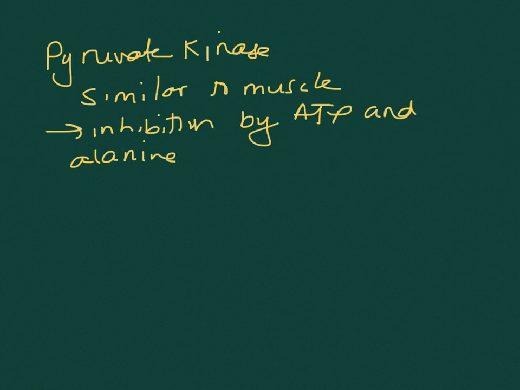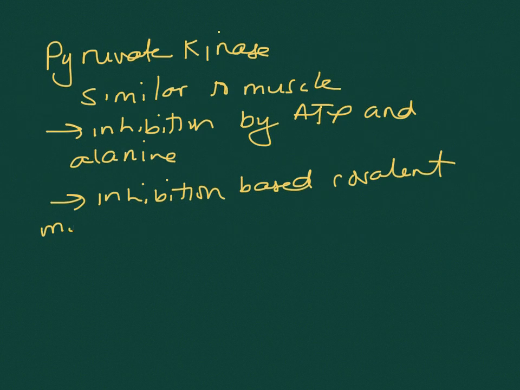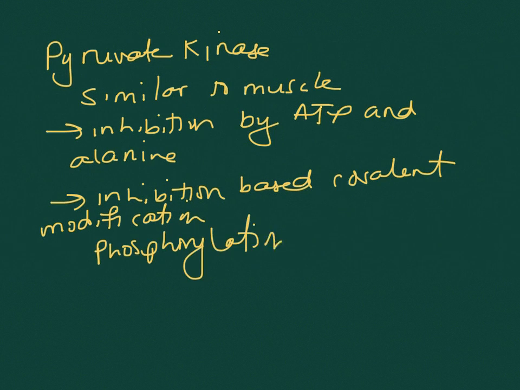What happens in the liver, though, is that we can also have inhibition based on covalent modification. Here we're looking at a phosphorylation reaction. And so in the liver, the enzyme can be controlled by reversible phosphorylation.